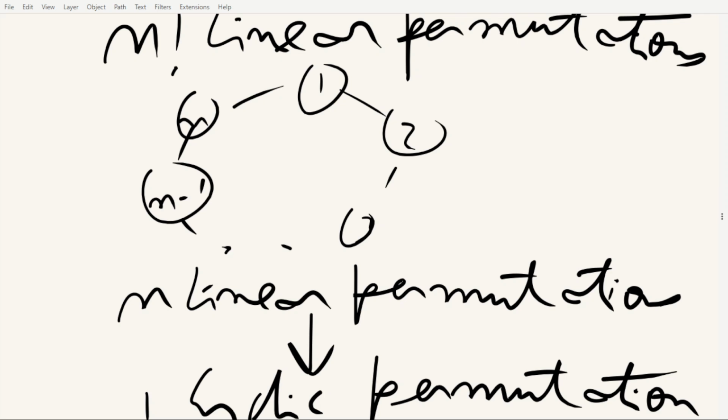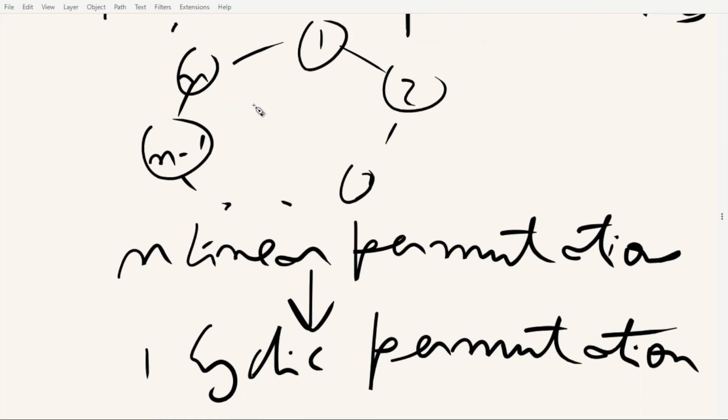The second starts from 2, 3, up to n, 1, 2. The third starts from 3 and returns back to 3. Continue the same way up to the nth linear permutation, which starts from n, 1, 2 and so on, n minus 1 to n. So there are n linear permutations in total, and they correspond to a single cyclic permutation.